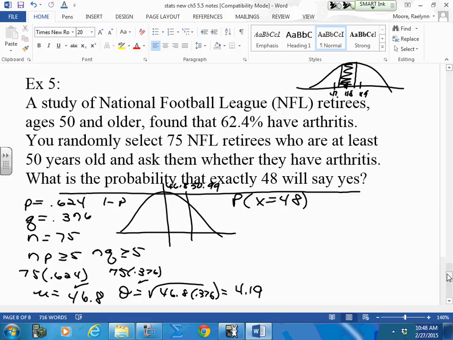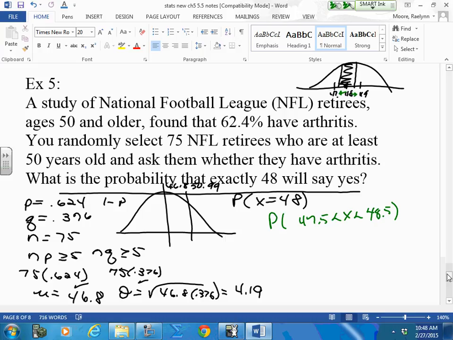Let's expand this probability statement for correction for continuity. So how would I correct this statement? I need to create a bar off of this. I need to go 0.5 that way and 0.5 to the right. 47.5 to 48.5.